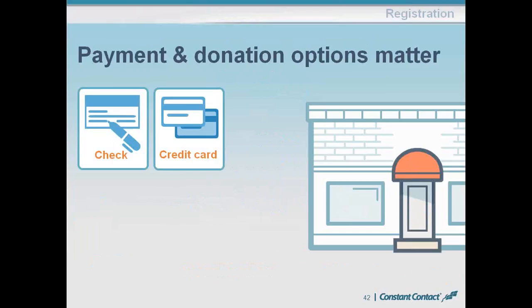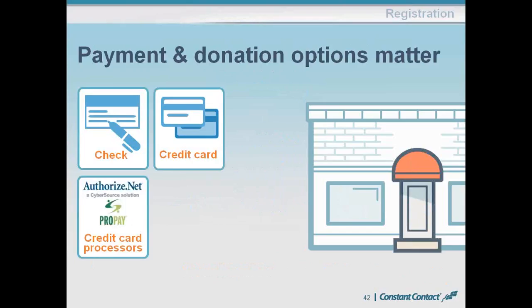Pay by check or credit card are common options, with a lot of small businesses using credit card processors like Authorize and ProPay to make credit card payments seamless and part of the process. You might also find that an online payment solution like Google Checkout or PayPal would work better for you.